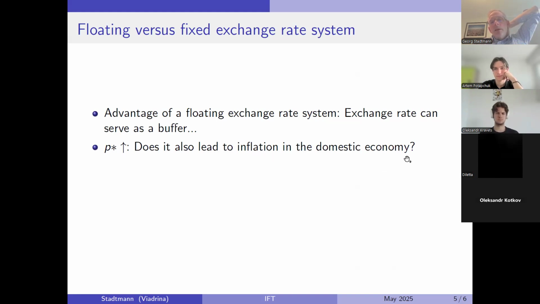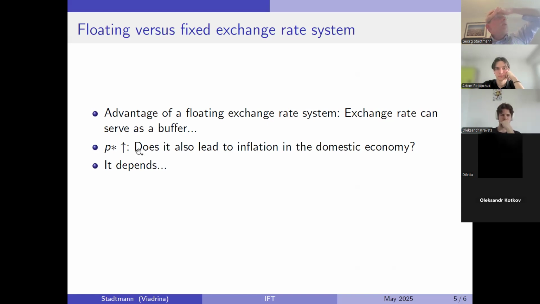So is imported inflation a problem? It depends on the exchange rate system. In a floating exchange rate system, it is not a problem because the exchange rate can serve as a buffer, and this price shock does not transmit to the domestic economy.